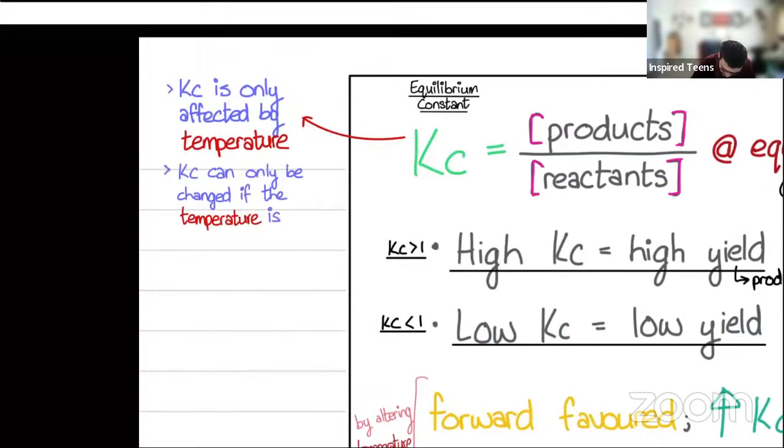It's essentially saying the same thing. So you see those questions where they try to trick you. They'll tell you a catalyst is added. How does that affect Kc? No effect. Why? Because the only thing that changes Kc is changing the temperature. So Kc can only be changed if the temperature is changed.